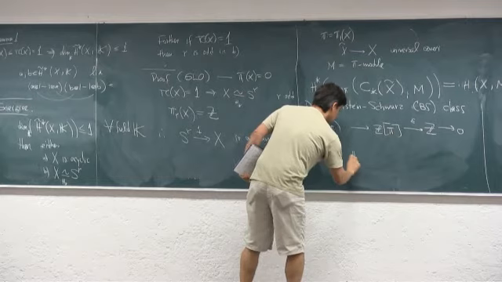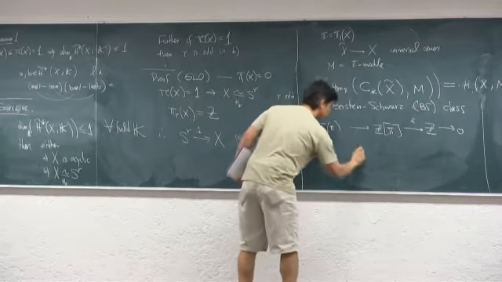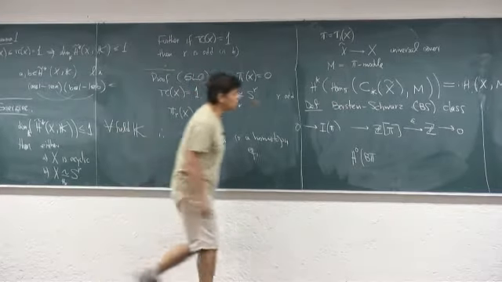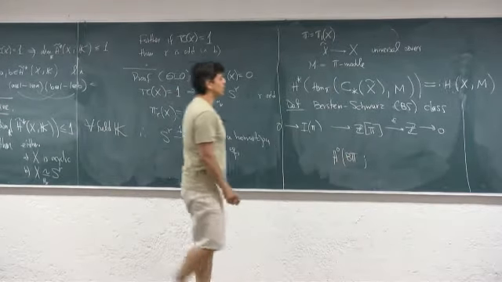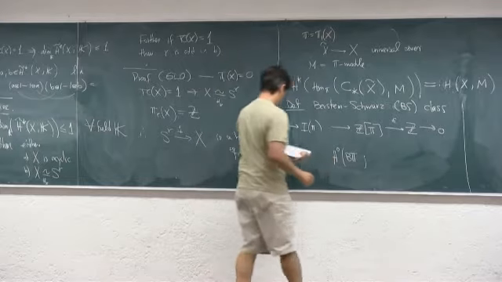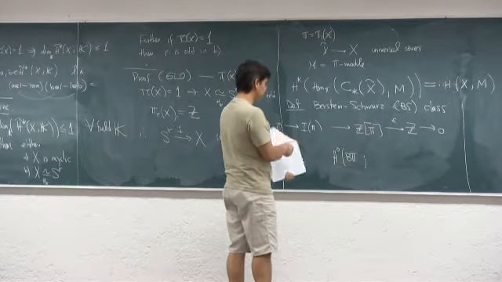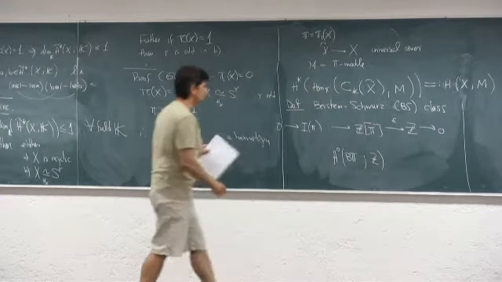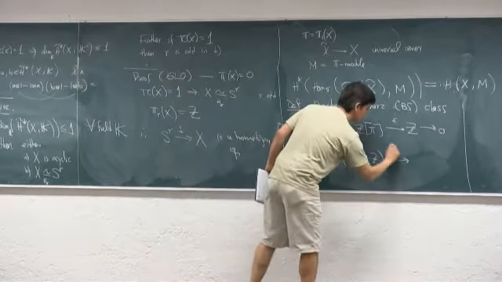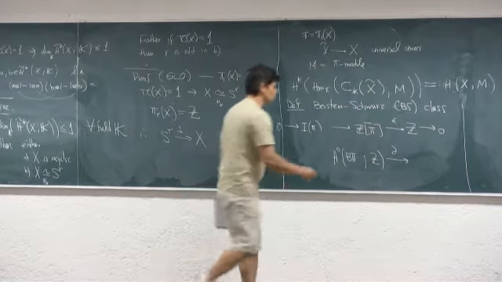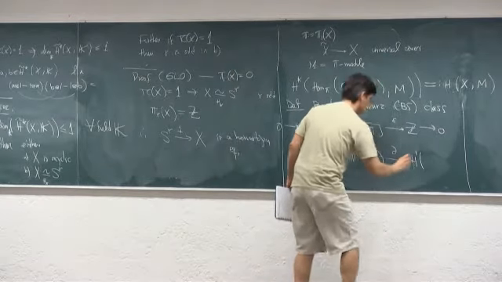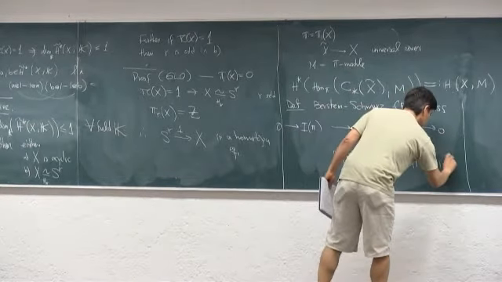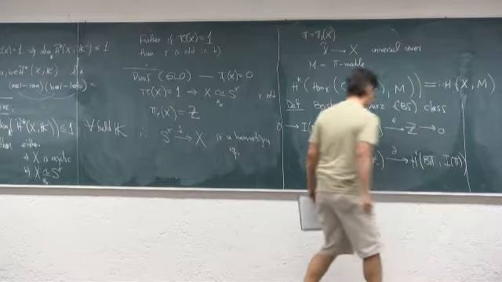So you could look at the cohomology in dimension 0 of B pi, the classifying space of pi, with coefficients in Z. So this is a copy of Z. And I'll take the connecting homomorphism, which goes into the cohomology of B pi with coefficients in this module.